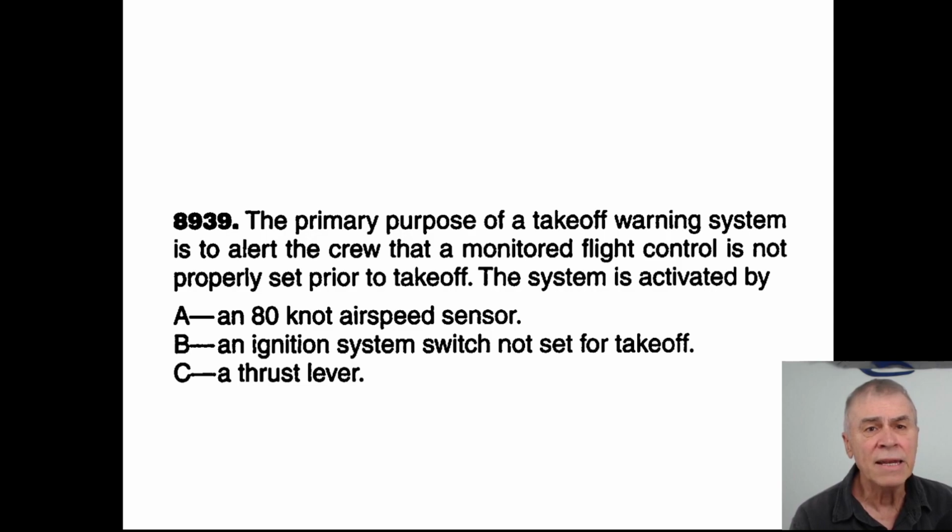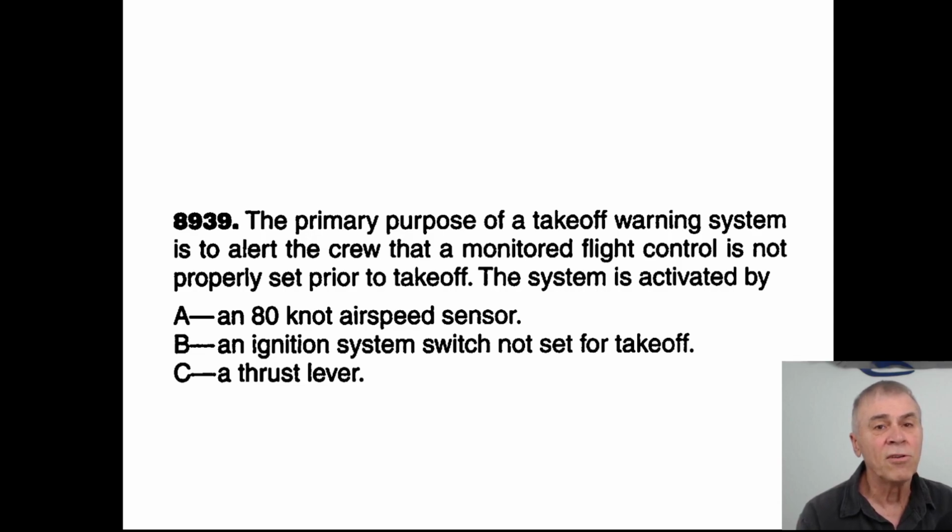A is an 80 knot airspeed sensor. No, you'd be too dependent on an instrument. You're not going to take off without advancing a thrust lever, and so it's a lot easier to measure that. B, an ignition system switch not set for takeoff.